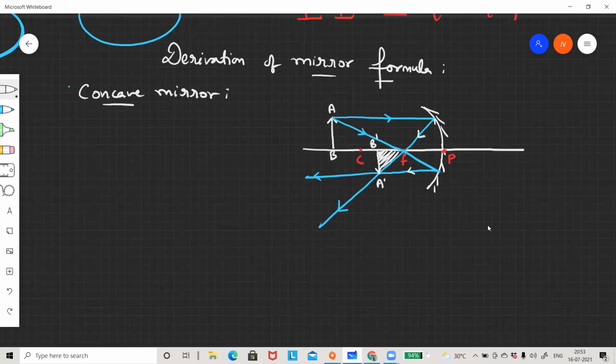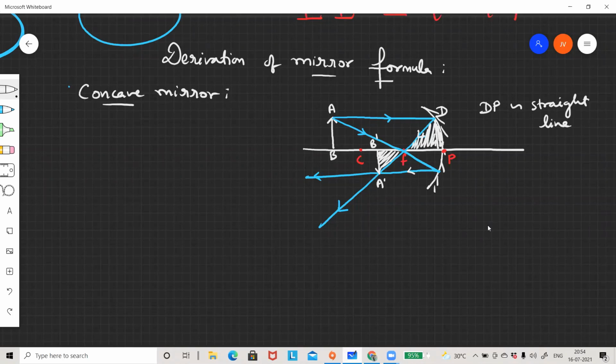That means I want to say that this section of mirror where I have just drawn a straight line is almost a straight line. So we can have a triangle which I shaded white, and we can consider this triangle which I have just shaded. That means if I call this point D, then DP is approximately a straight line.